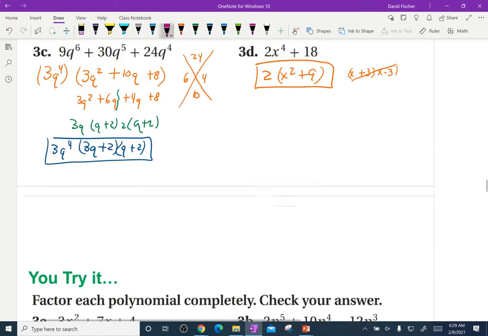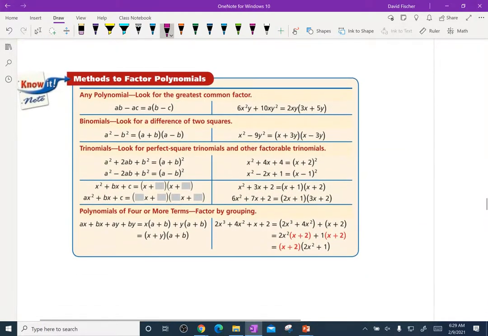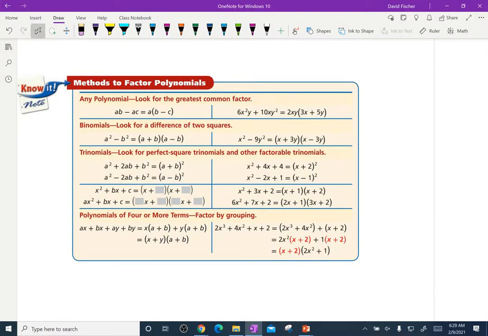All right, so today, these are the steps that we want to look for. We want to first look for if it is in order, and then look for common factors all the way across. If it's a binomial, we're going to look for differences of two squares, or is it a perfect square?